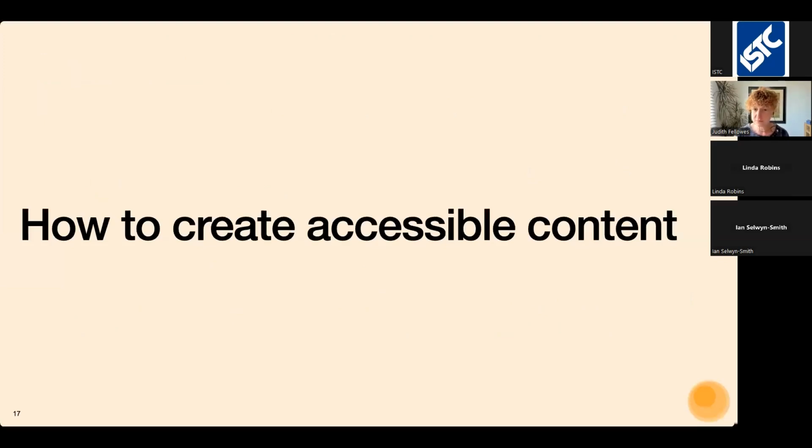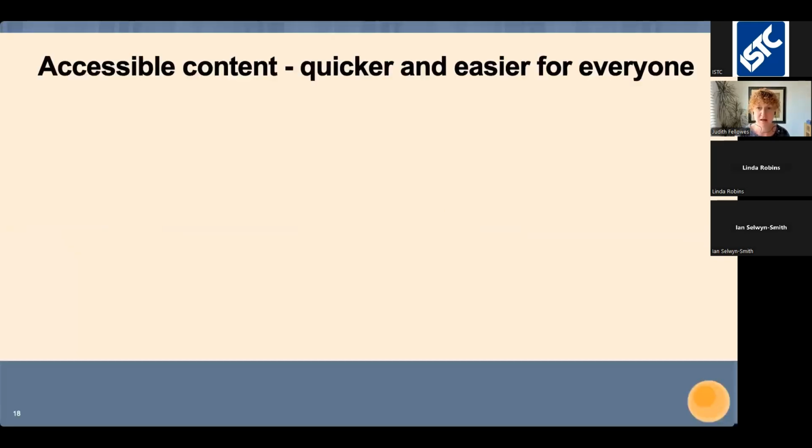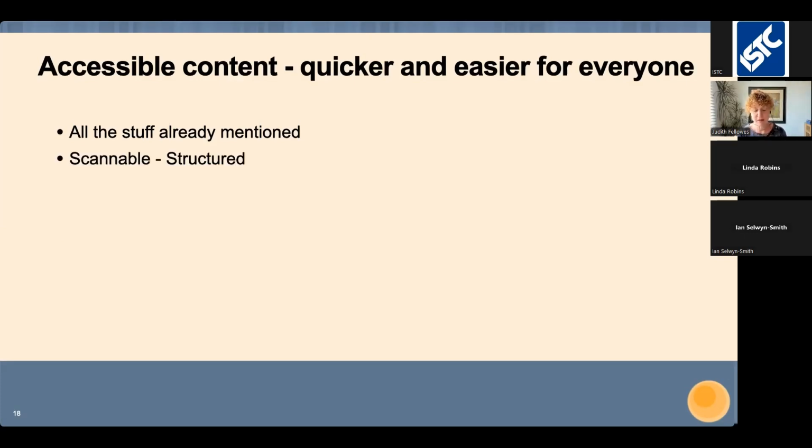So how to create accessible content. Okay, well, all the stuff we've already mentioned, so the setup, creating that research structure and making sure we bring in the stakeholders and get them on board and realize how important it is. But coming down to the nitty-gritty, one of the things is we need things to be structured and scannable.